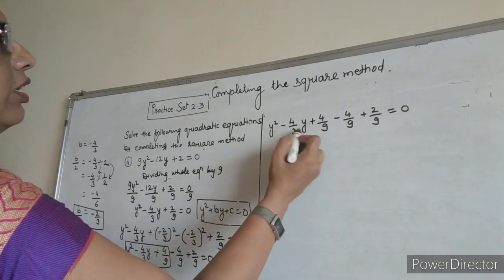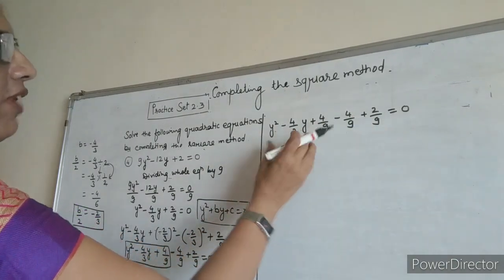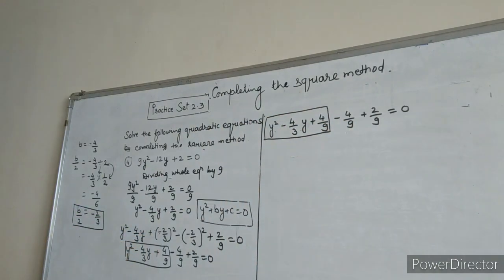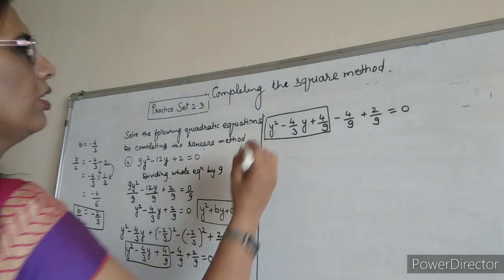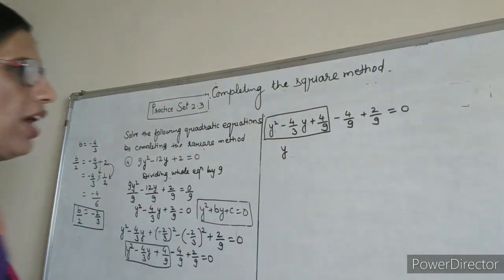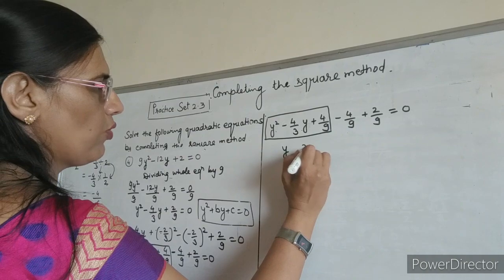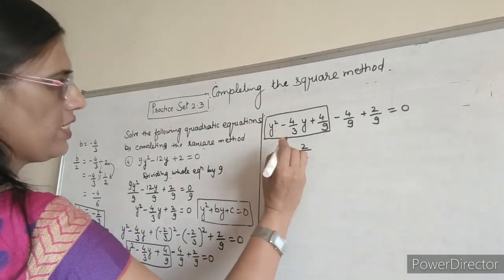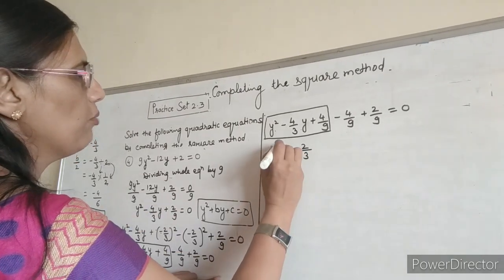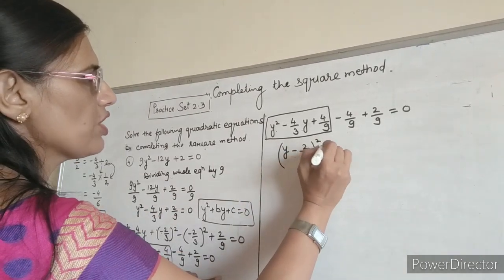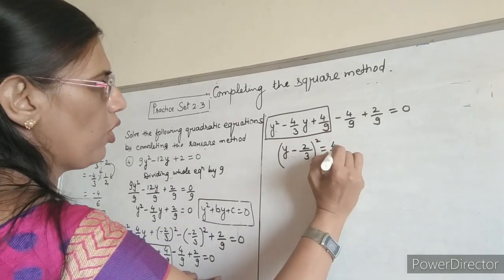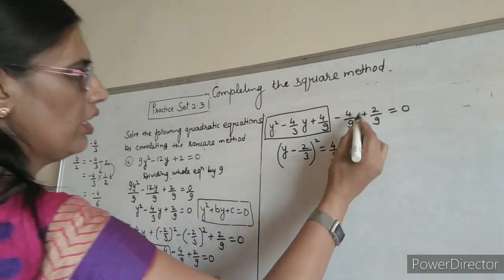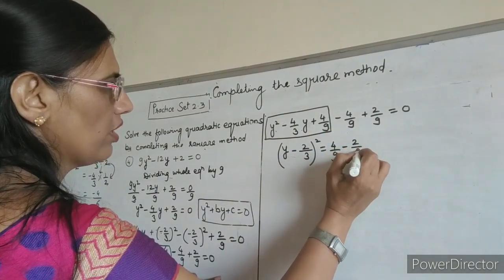Here we get 5 terms, and as usual these first 3 terms are a complete square. y square is the square of y, 4 is the square of 2, 9 is the square of 3, and the middle term is minus, and therefore you will write minus square. We get 4 upon 9, here minus 4 upon 9, therefore I have written here to the right, and here minus 2 upon 9.